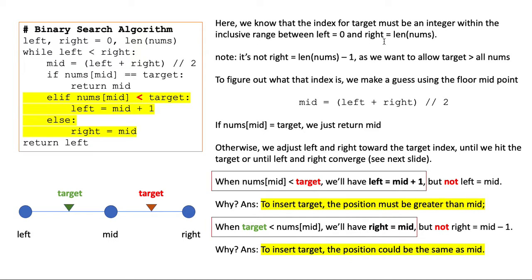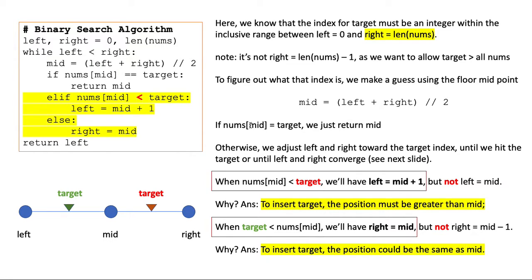Therefore, right index is initialized to be the length of the nums array, to figure out what index to insert the target, and we also know that index must be within this range between left and right. Therefore, we make a guess using the floor midpoint between left and right, the floor division here.